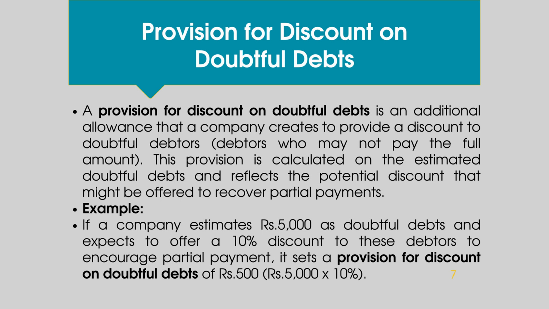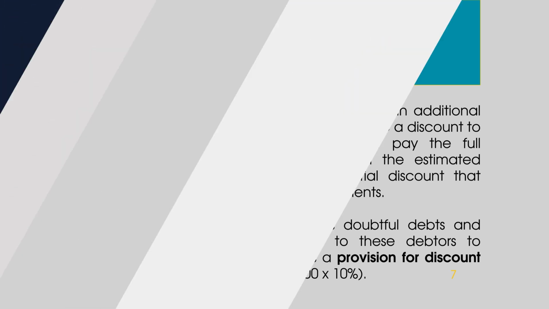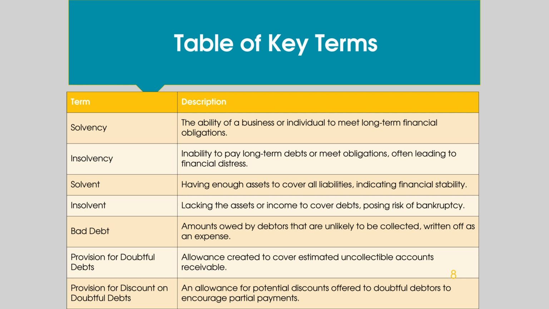For example, if a company estimates rupees 5,000 as doubtful debt and expects to offer a 10% discount to these debtors to encourage partial payment, it sets a provision for discount on doubtful debts of rupees 500, that is 5,000's 10%.